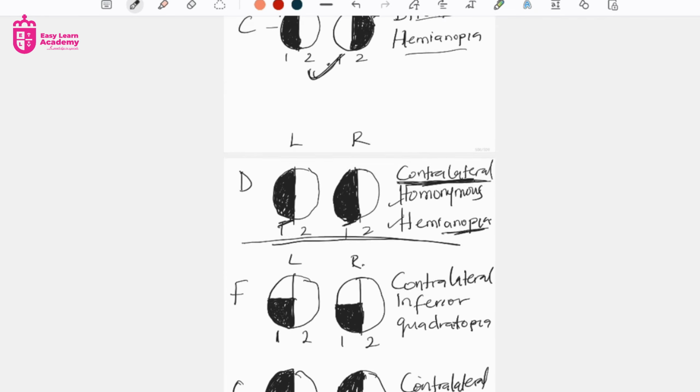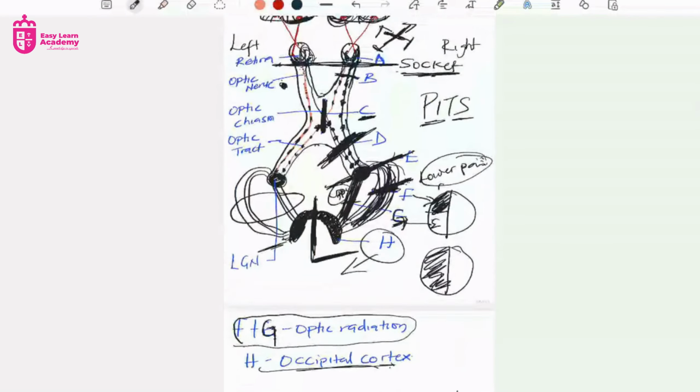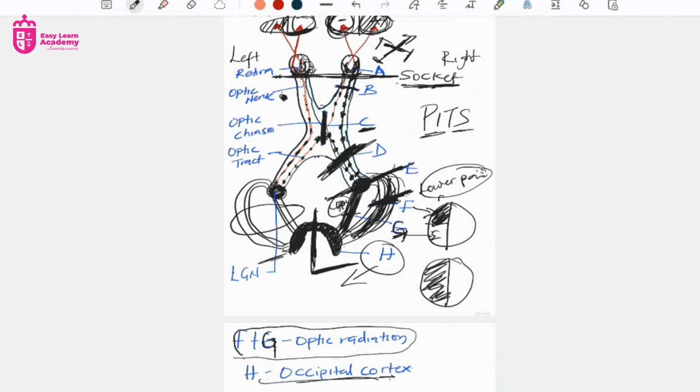Can you see? Because it will only make sense that if it's passing through D and there's a lesion, it will act like D. Does it make sense to everybody that everything below D will act like D? Who doesn't understand what we've just done? Who's confused about why it looks like D?